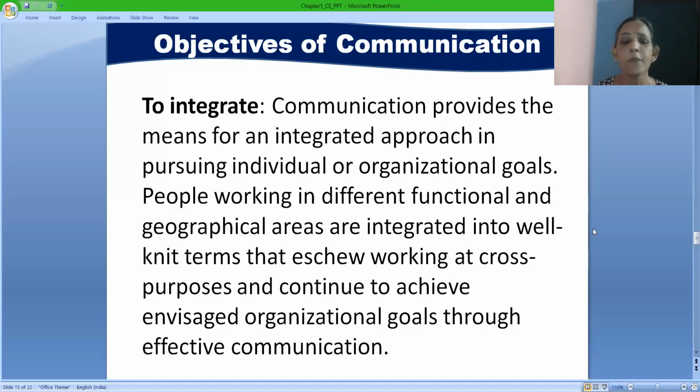So when we talk about this objective of communication, to integrate, you integrate by reaching the right candidate and informing them, letting them know what they have to do, how they have to do it, and when they have to do it, so that they can pursue their individual task or the organizational task and achieve their given assignments.